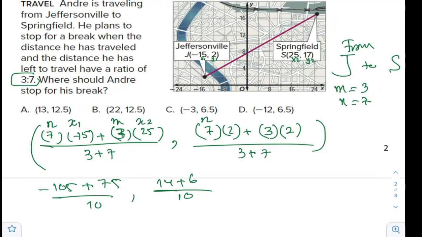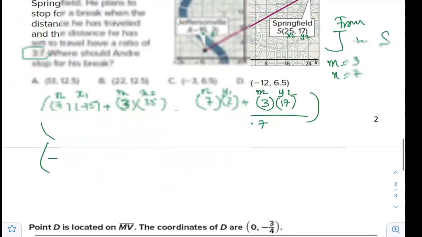Yes, here ny1 and here my2. So this is 17. Yes, good that we discovered the mistake before we have some problems. So 3 by 17, which is 51. And let's evaluate.